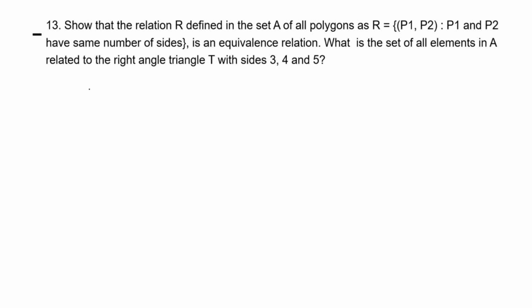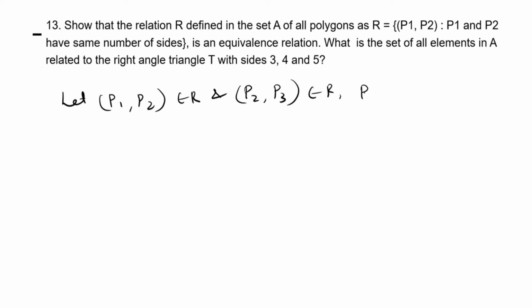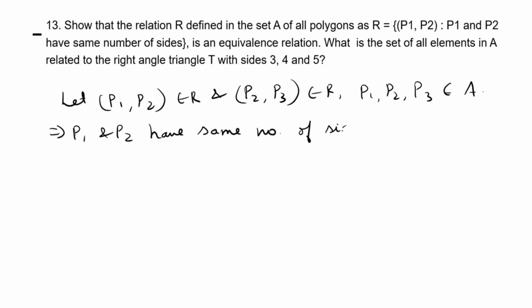Now we have to prove R is transitive. Let (P1, P2) belong to R and (P2, P3) belong to R, where P1, P2, P3 all belong to A. Here (P1, P2) belongs to R means P1 and P2 have the same number of sides. (P2, P3) belongs to R means P2 and P3 also have the same number of sides.